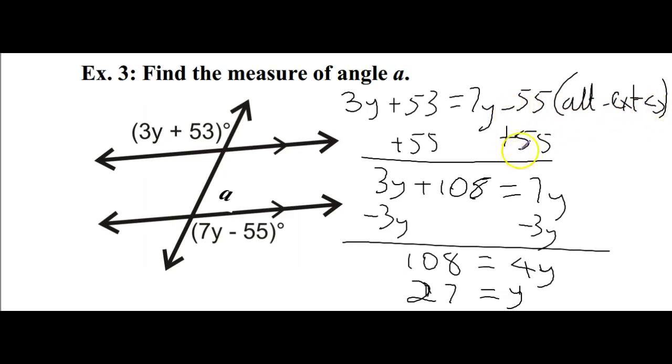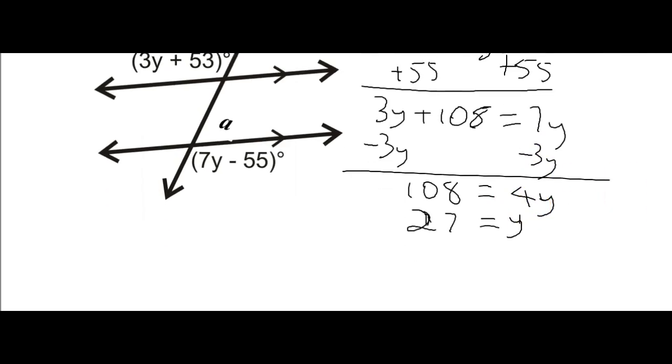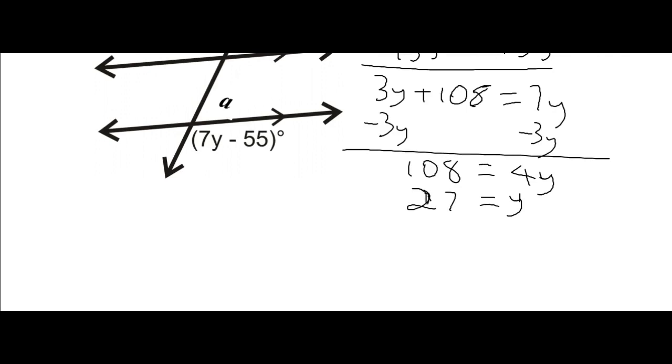We solve the equation. Add 55 to both sides. We get 3y plus 108 equals 7y, and then subtract 3y from both sides. We get 108 equals 4y. Then we divide both sides by 4. We get y equals 27.